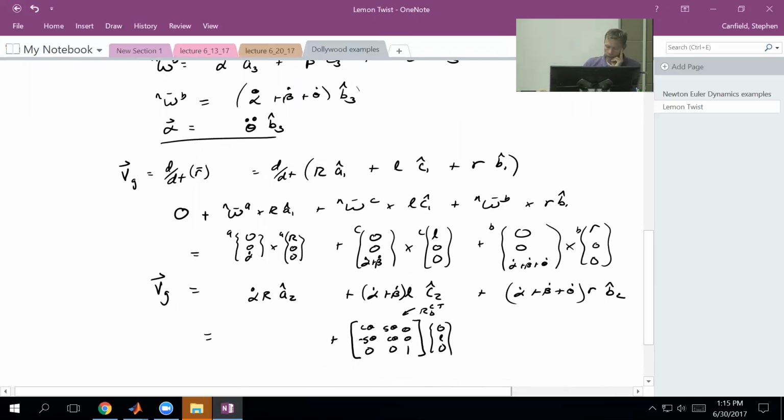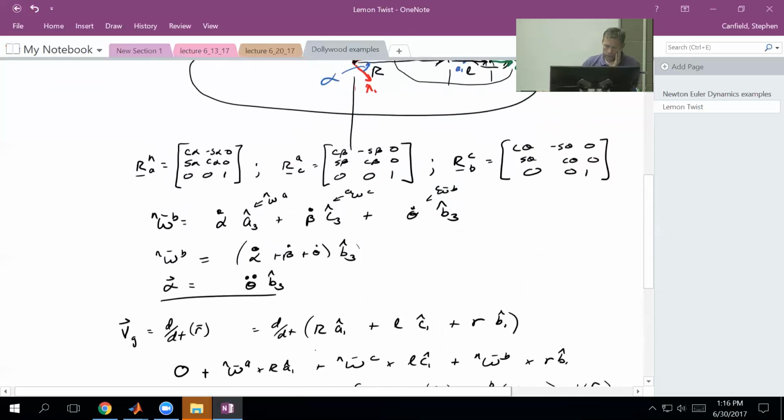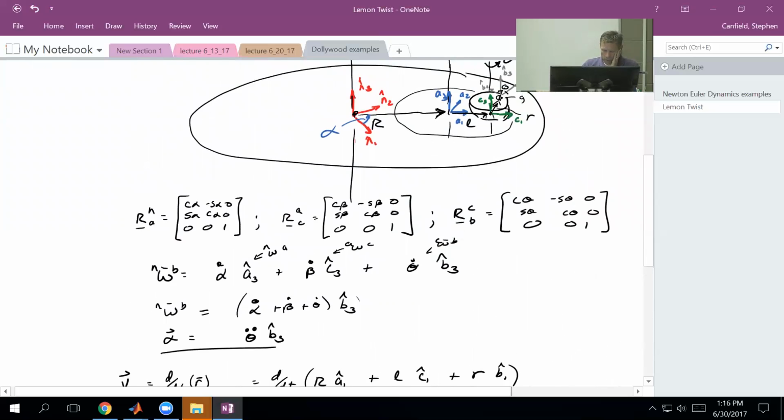I need the projection of A onto N, so I need to, excuse me, get the projection of B onto A, take the transpose of that, and multiply by alpha dot R. Got my alpha dot beta dot here. And to get that, I notice that the projection of B onto A is the product of these two matrices.